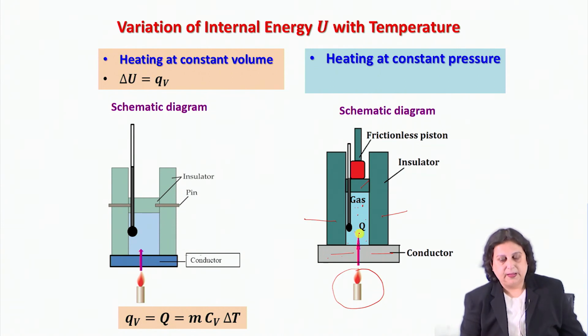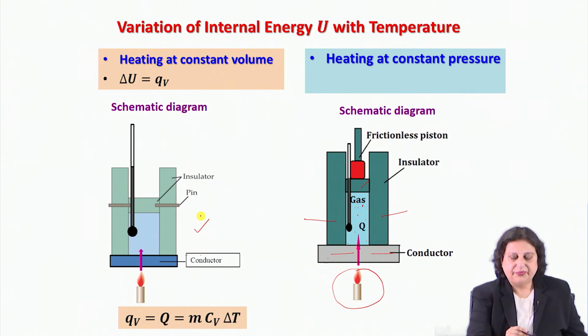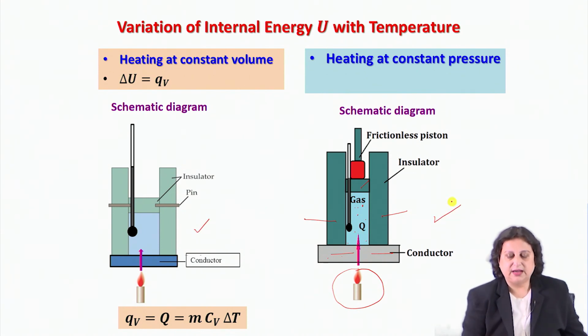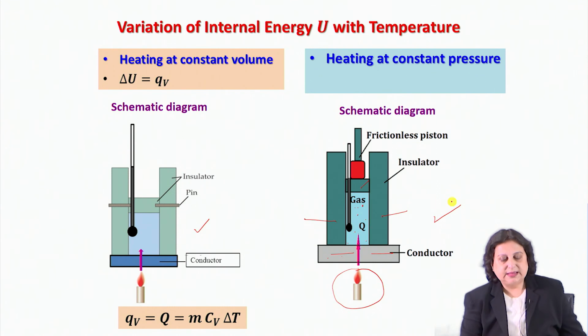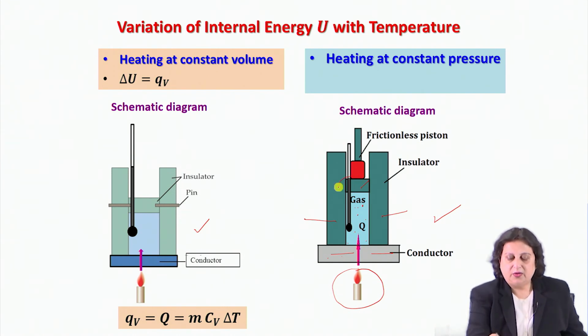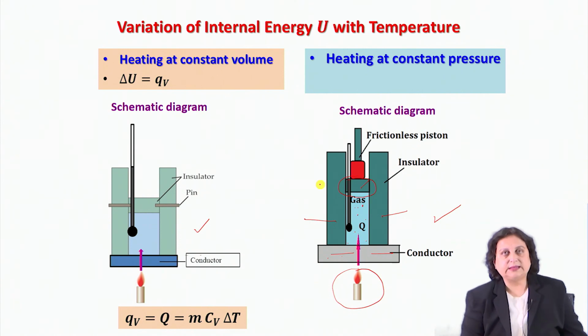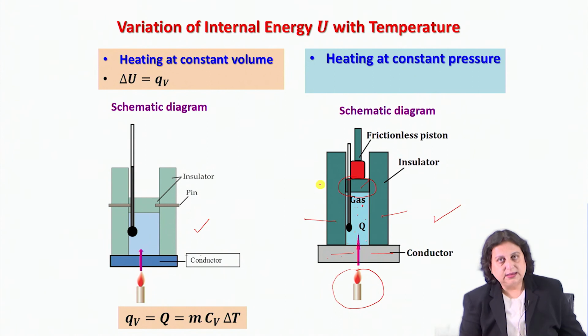heated up. But the difference between the previous scenario and the scenario that I am presenting here is that now I have on the fourth side of the gas a wall that is adiabatic in nature, which means it doesn't allow exchange of heat across it, but this is movable.